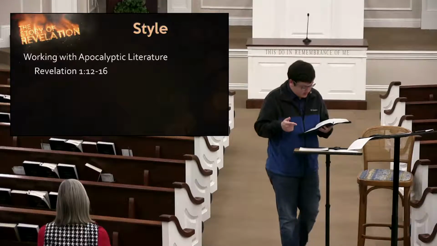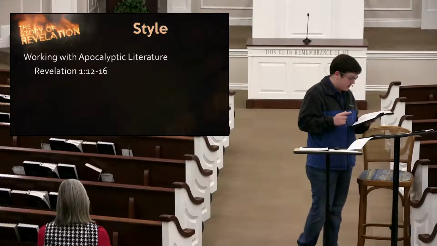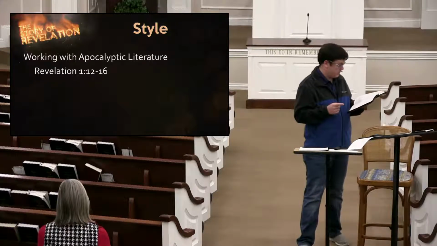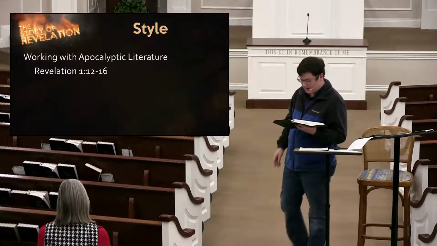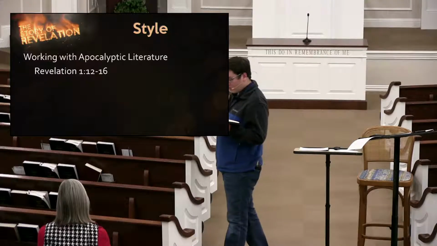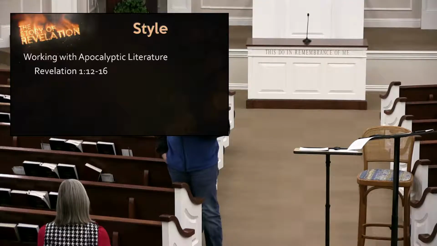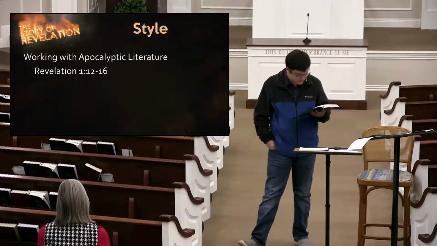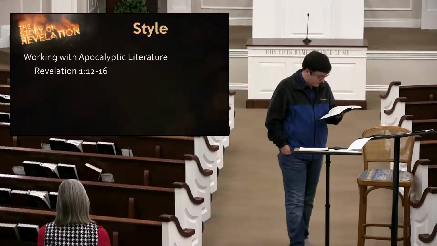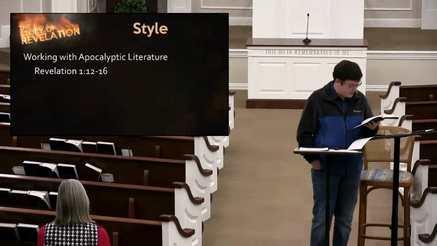Then I turned to see the voice that was speaking with me, and having turned, I saw 7 golden lampstands. And in the middle of the lampstands, I saw one like a son of man, clothed in a robe, reaching to the feet, and girded across his chest with a golden sash. His head and his hair were white, like white wool, like snow, and his eyes were like a flame of fire.